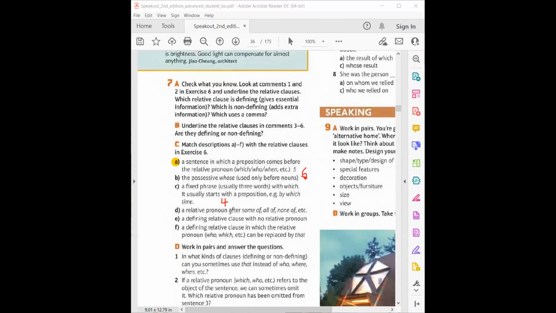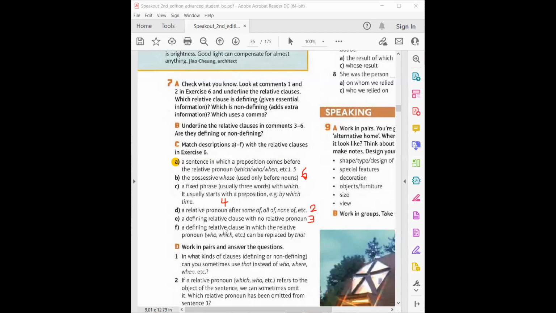Now, a relative pronoun after some of, all of, none of, etc. Number 2. That's number 2. And what about E? A defining relative clause with no relative pronoun. 1 maybe. It's 3.